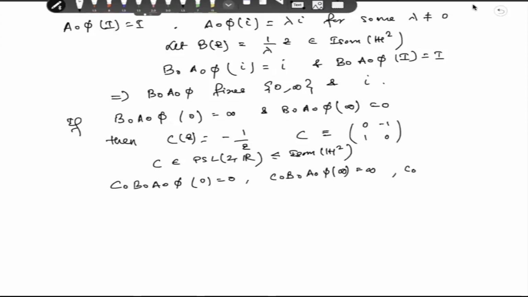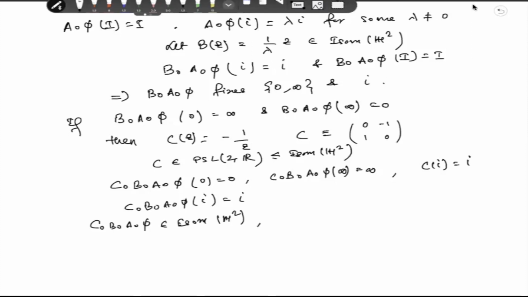And because C of I is equal to I, C compose B compose A compose phi will also fix I. Already you have seen that B compose A compose phi fixes the imaginary number I, and C fixes the imaginary number I. Therefore C compose B compose A compose phi fixes the imaginary number I. This is an isometry of the upper half plane. It fixes I, and it fixes 0 and infinity.